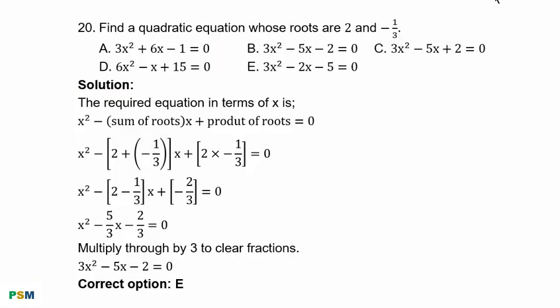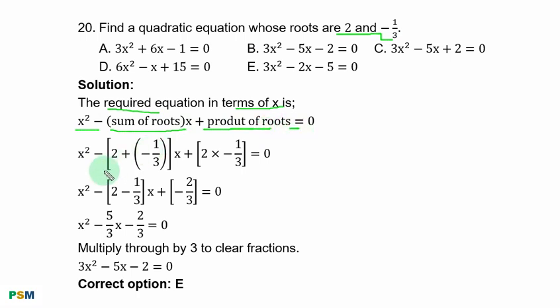Question 20. Find a quadratic equation whose roots are 2 and minus 1 over 3. Solution. The required equation in terms of s is s squared minus sum of roots times s plus product of roots equal to 0.